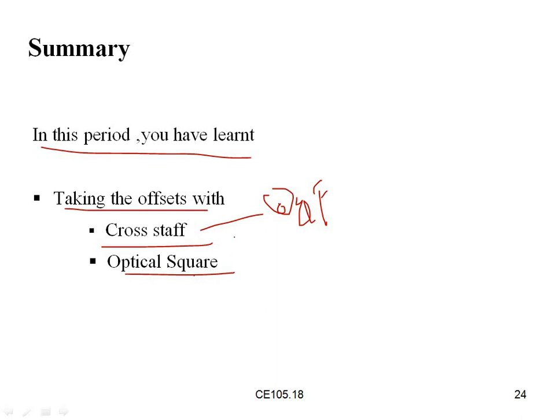This optical square is used very rarely, and only in such places will the optical square be preferred. The offsets are used for right angle measurements, taking perpendicular offsets from the chain line. It will be useful to make right angles in a short way.